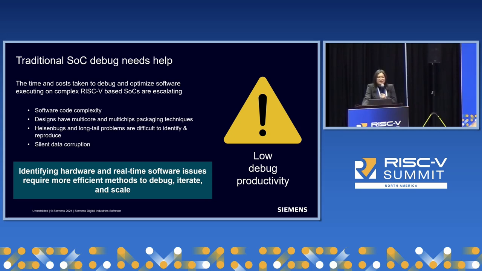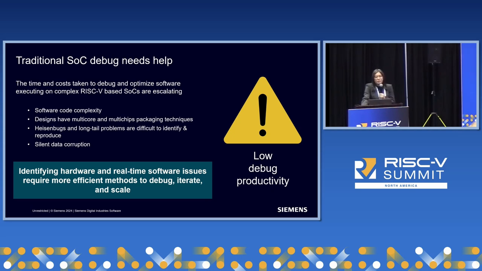On the hardware front, designs have multi-cores, many cores, and with the involvement of multi-chip packaging techniques like 2D, 2.5D, 3D, there are potential issues that need root causing and debugging to mitigate early failures so that the costs of managing these fatal errors could be mitigated.